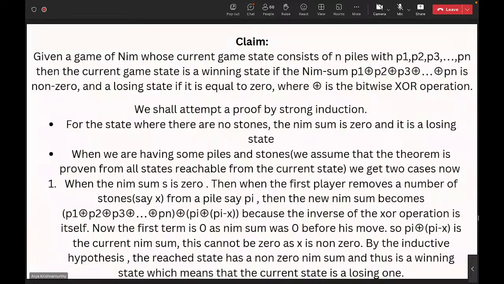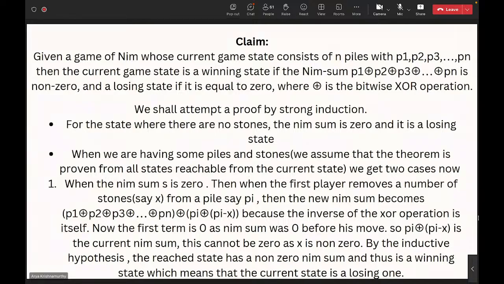So for the state where there are no stones, the NIM sum is 0 and it is a losing state, right? And this is quite obvious, that is the definition of the game literally. And when we have some piles and stones, we assume that the theorem is proven for all states reachable from the current state, right?